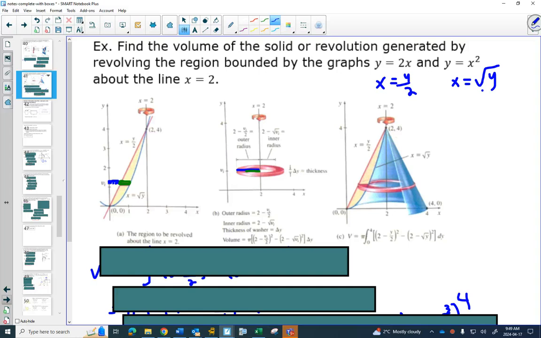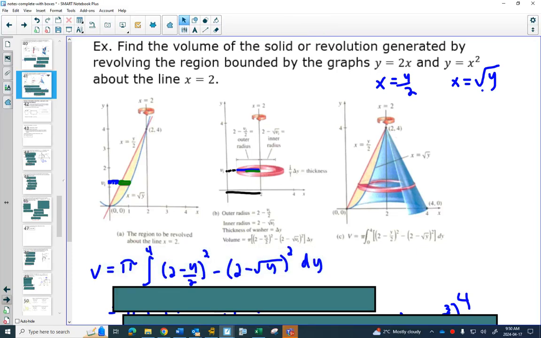So now, if I know this length right here, and I know this length is 2, does it make sense that the blue line would be 2 minus that length? And so in my equation, that's why it comes up as 2 minus y over 2, the red graph. That y over 2 is this little length in the first graph.